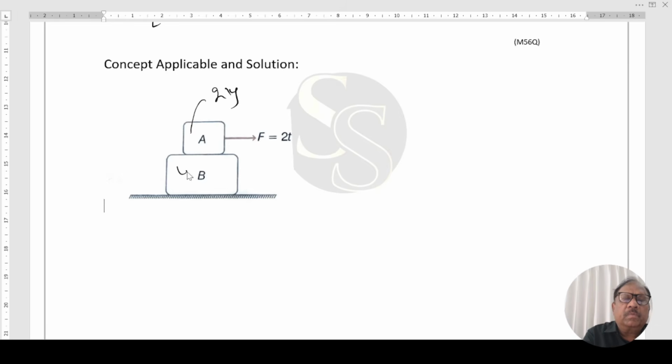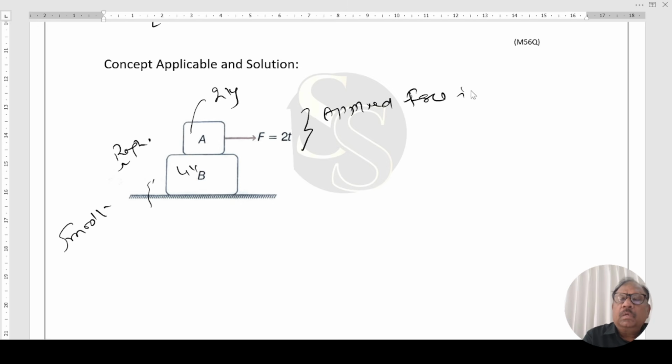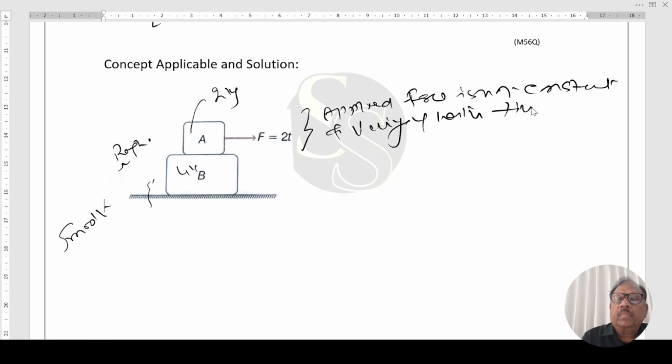This is 4 kg. This is smooth and this is rough. This is rough, right? The applied force is not constant but varying with time.